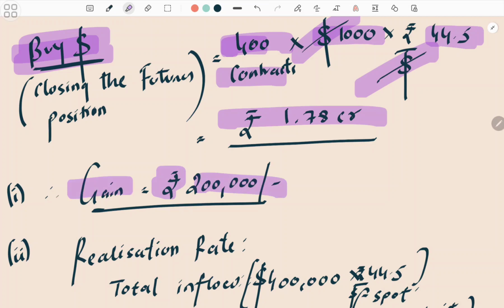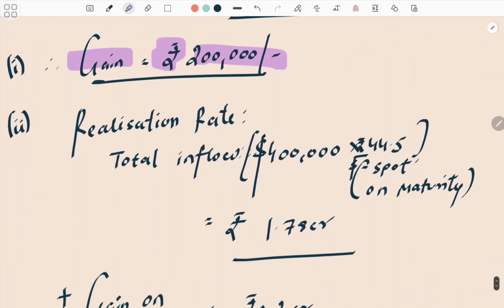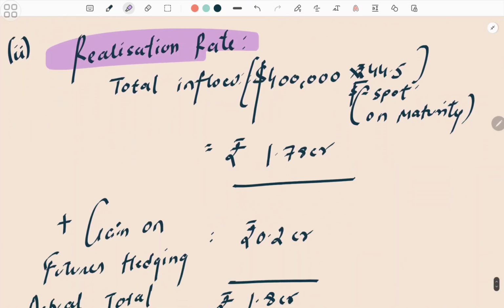Okay, that's the gain. Now, the next question that asks is the realization rate. Okay, this is nothing but the exchange rate. What is my total inflow in terms of rupee? Finally, after 3 months, say for example, ABC Technologies is an exporter, they'll be getting $4 lakh. Now what they are doing is they'll be going in the market and selling these dollars at spot.